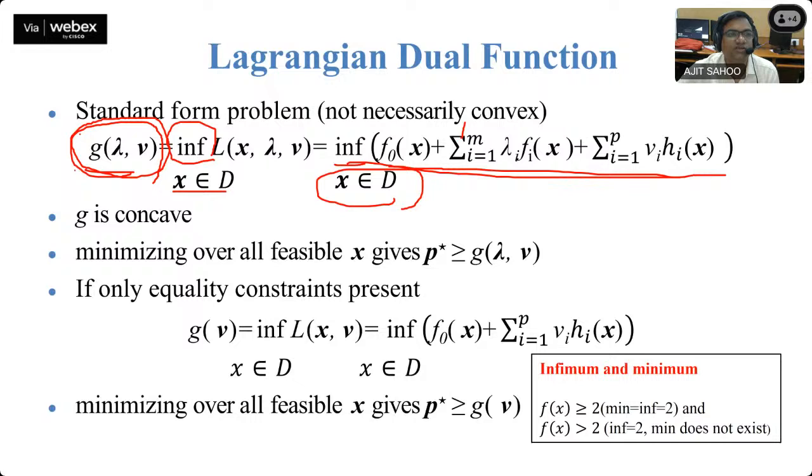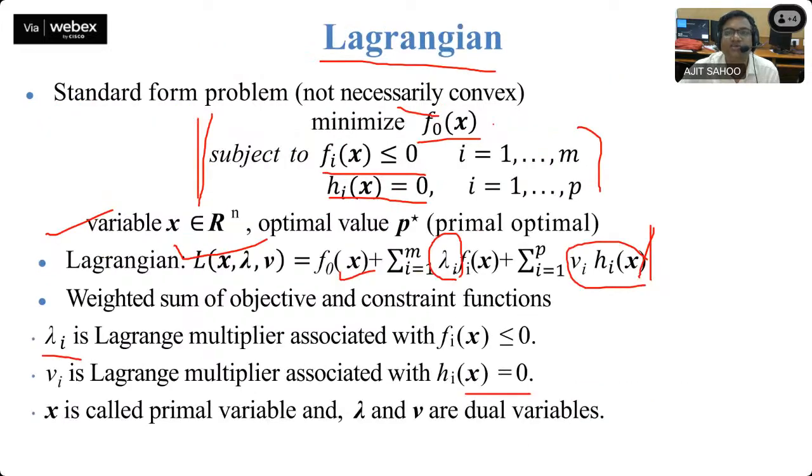When you see this g, it will be a concave function. It will come like this way. Now actually the original function is like this way: minimize f0 of x, this is a convex function.